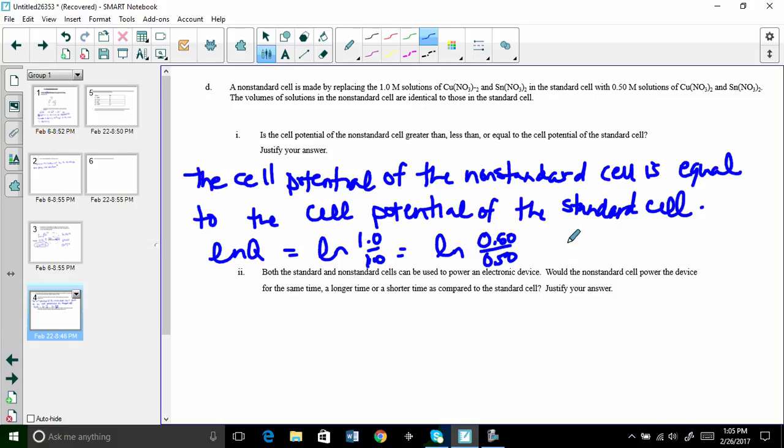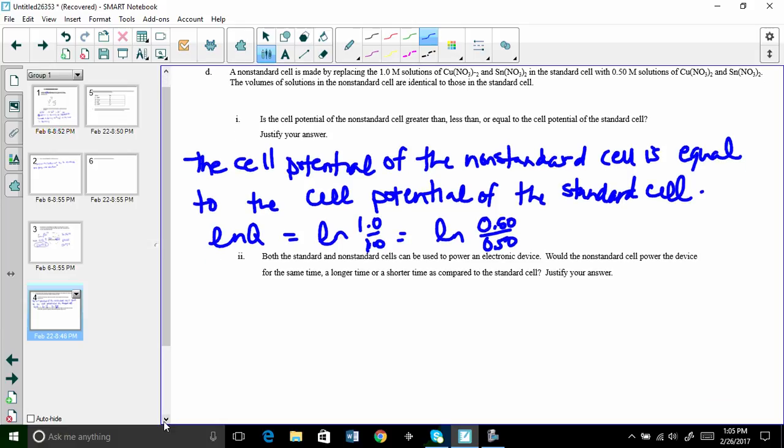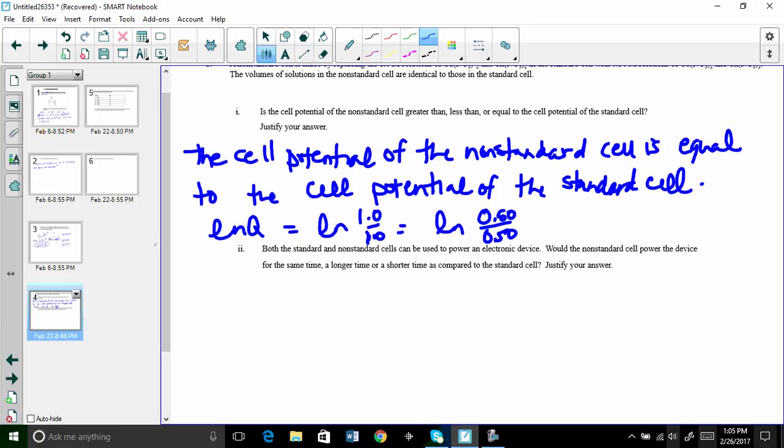All right, cool. Both the standard cell and non-standard cell can be used to power an electronic device. Would the non-standard cell power the electronic device for the same time, a longer time, or a shorter time?